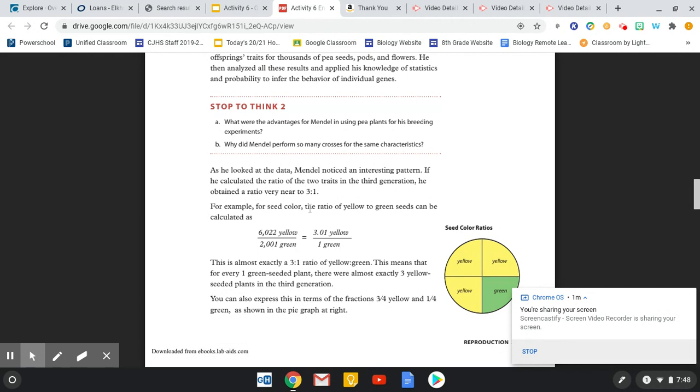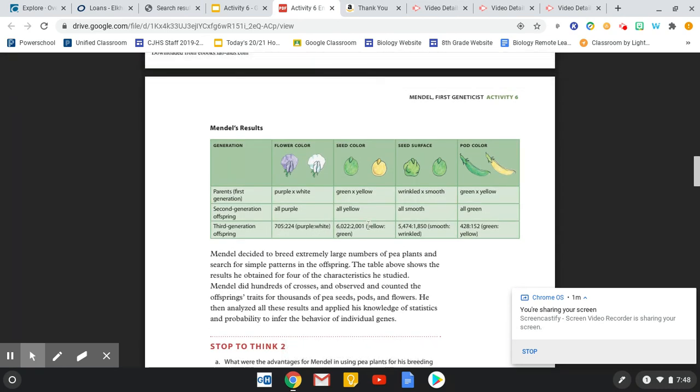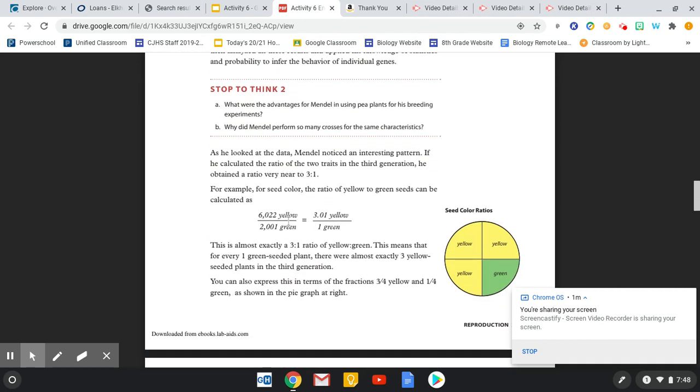For example, for seed color, the ratio of yellow to green seeds can be calculated as 6,022 yellow to 2,001 green. Oh, look, they're pulling those numbers directly off of that table above. And if you divide that, or if you reduce it, remember math, reducing fractions, okay? 2,001 goes into 6,022, 3.01 times.